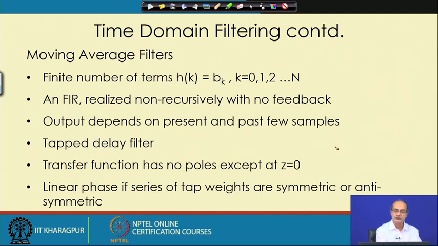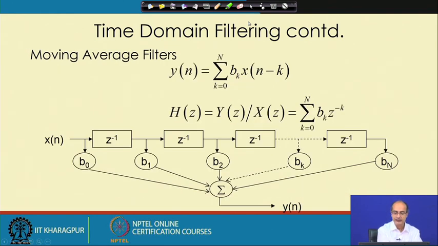So it is a causal filter, it does not depend on the future. It is represented by the tap delay filter, the architecture we have shown in the previous page.